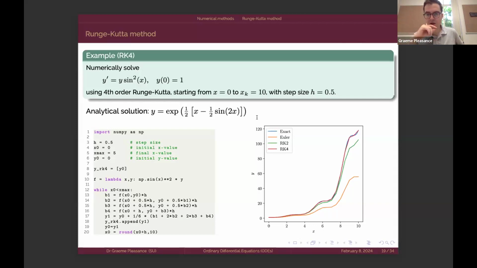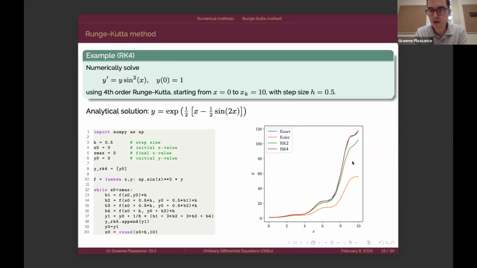I applied these to some examples showing how each of these methods tends to perform in numerically approximating the solution to a first order ordinary differential equation. On this last slide, you can see an example of how the performance of each of these methods in approximating the solution to the first order ODE at the top.